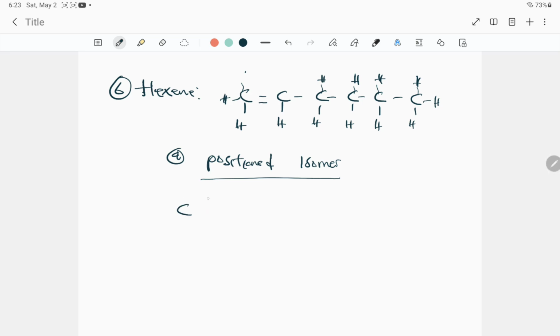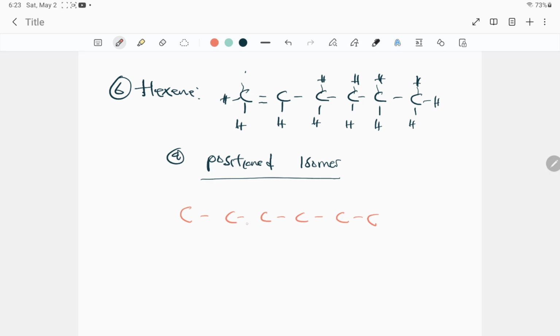So say, 1, 2, 3, 4, 5, 6. The double bond is on carbon number 1.